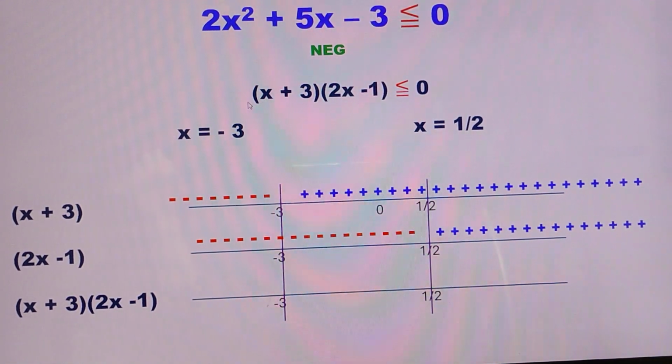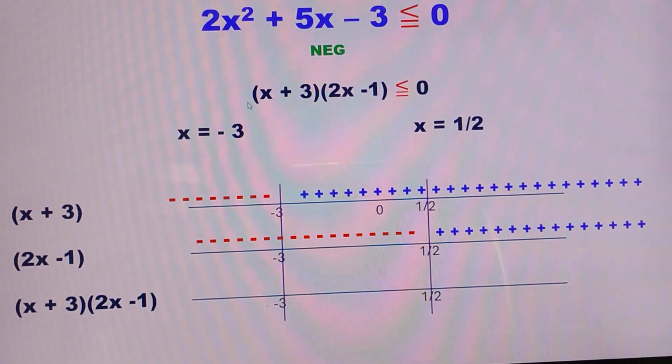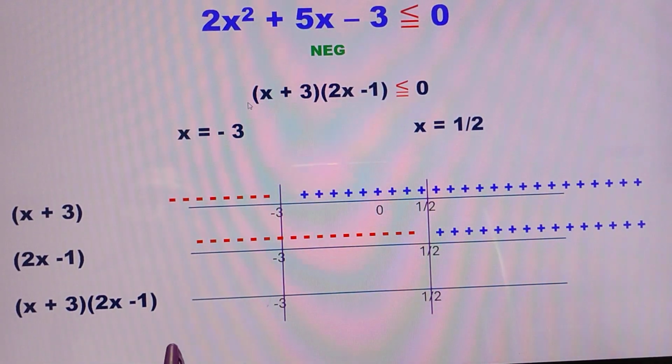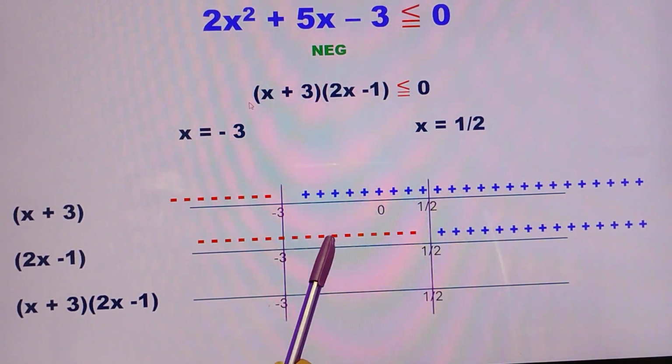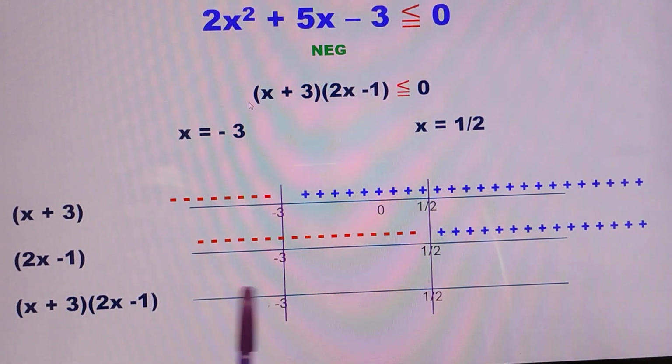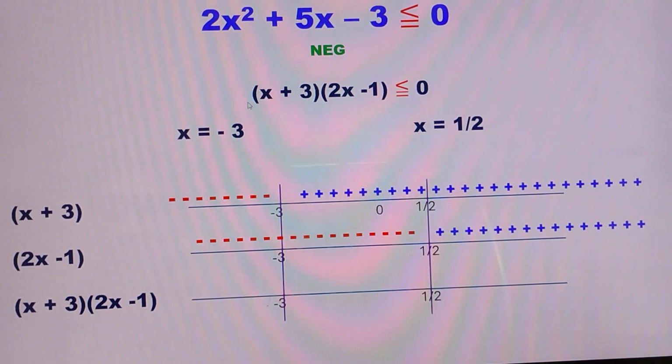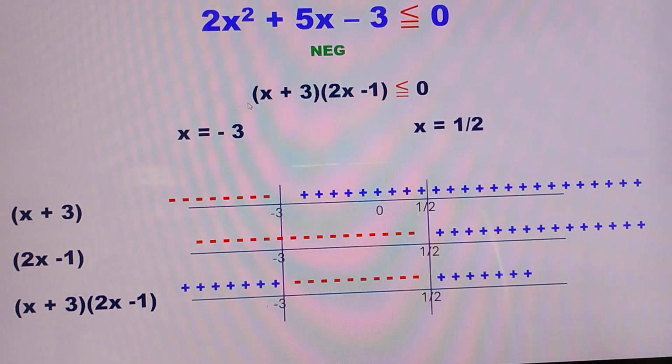And for the product, we need to use the sign rules, and in that case, you know, minus times minus is positive, plus times minus is negative, and plus times plus is positive. So we'll get something like this.